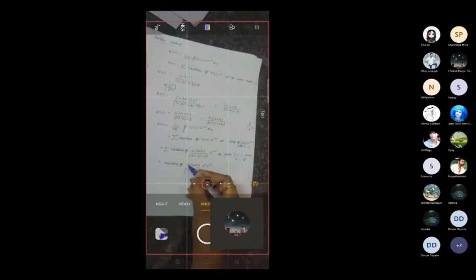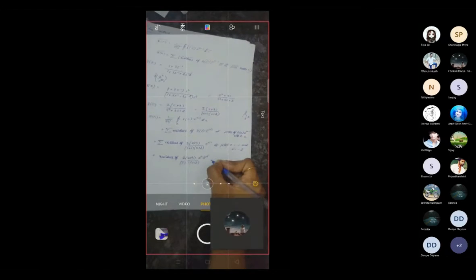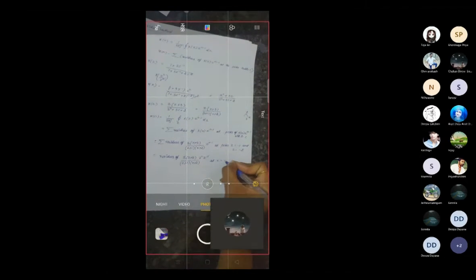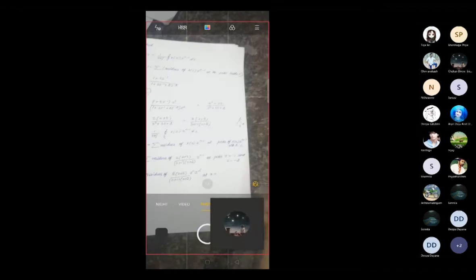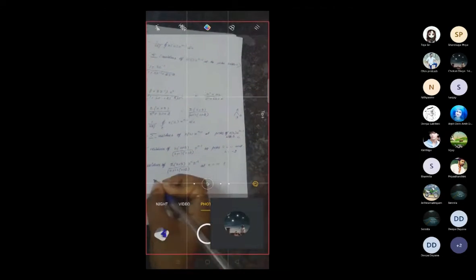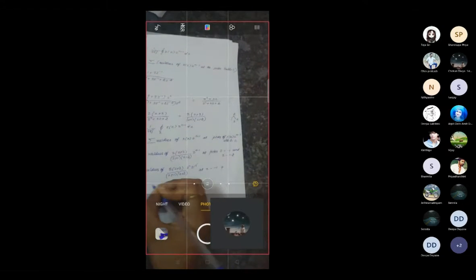So z inverse and z will get cancelled. You will get the remaining term at the pole z equal to minus 1, plus the second residue at z equal to minus 2.